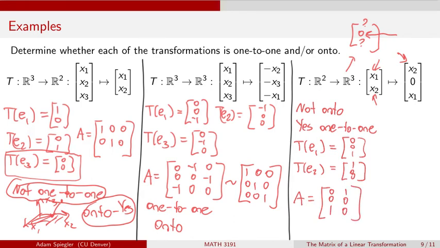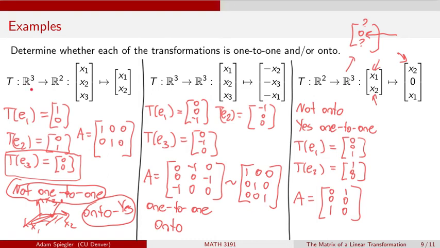So what we can see is that it's possible to be both one-to-one and onto. It's possible to be onto but not one-to-one, like this first example. And it's possible to be one-to-one but not onto, as in this last example. So when we're going from a two-dimensional space to a higher three-dimensional space, we're not going to be able to find a surjective, onto map to do that.